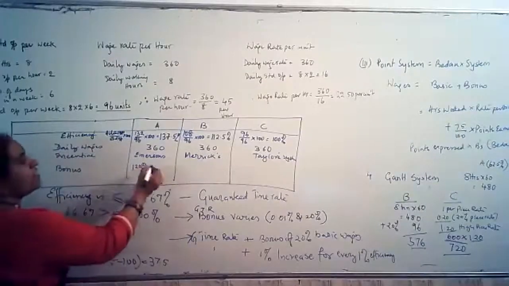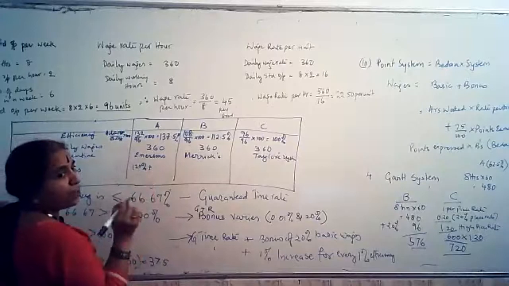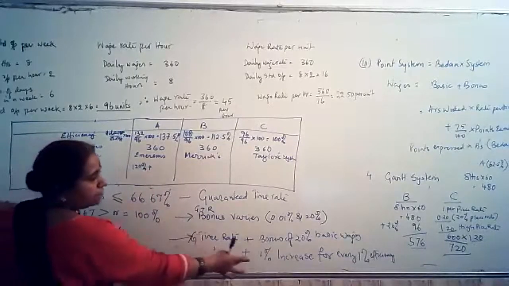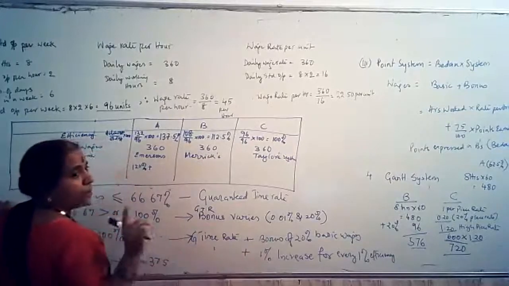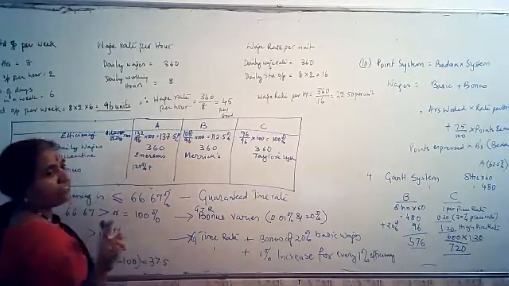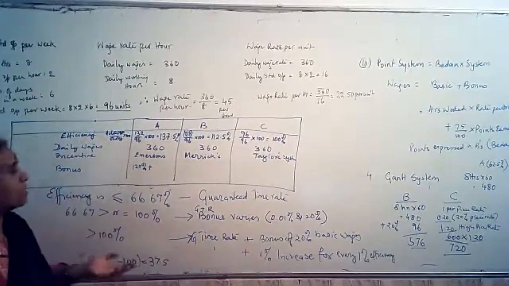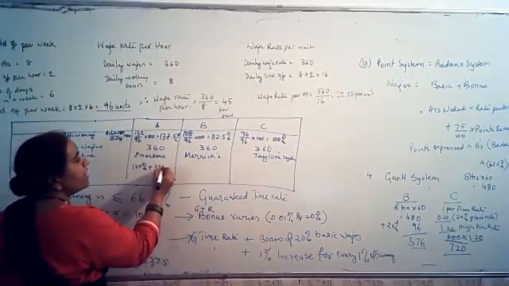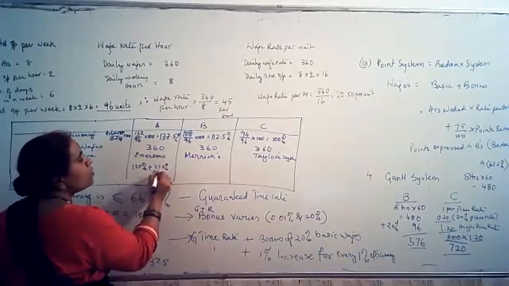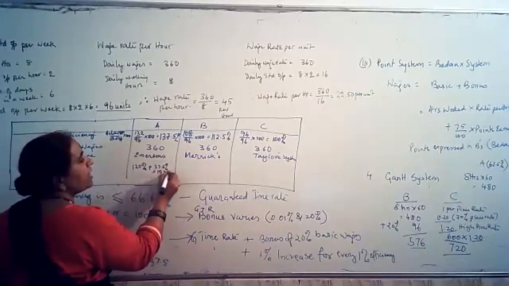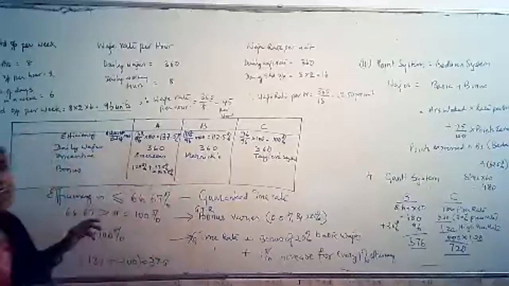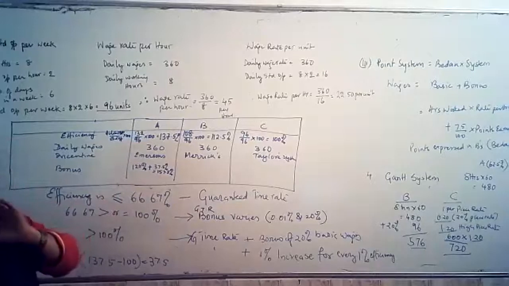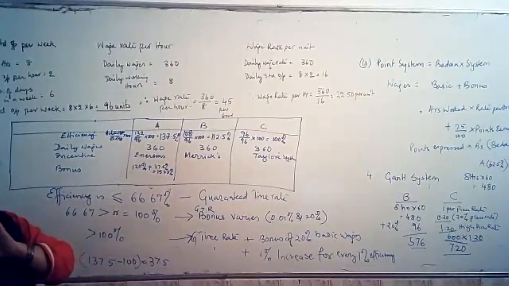So he will get another 37.5, a 1% increase in the rate for every 1% increase of the efficiency. So 120% is already there, and he will get 37.5%. So the total comes to 157.5%. 157.5% is the total payment rate he will get.